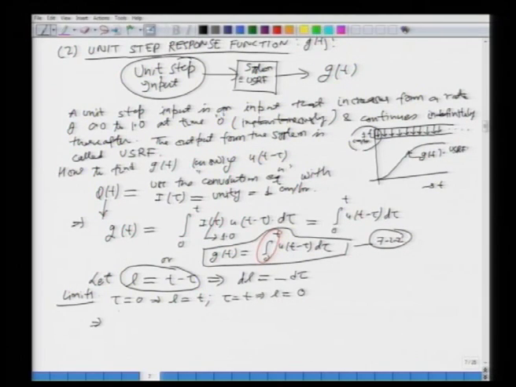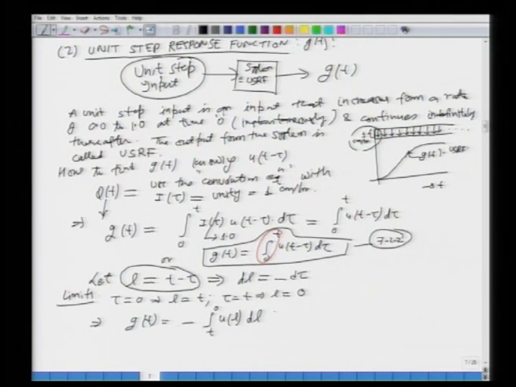Once you put this whole thing into 7.2.2, what you will have is G(t) equal to, since dτ is negative, I will take the negative outside, with integration limits from T to 0 now, and then u of t − τ is L, and dτ is −dL.